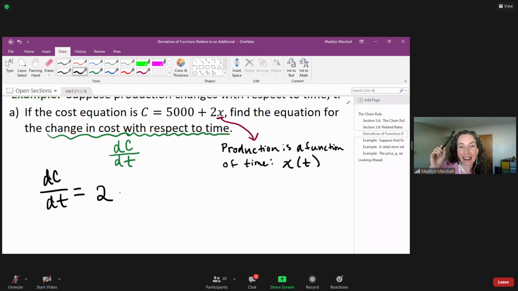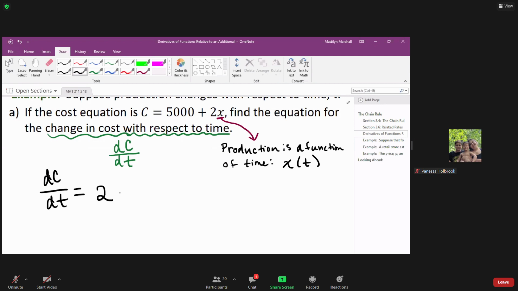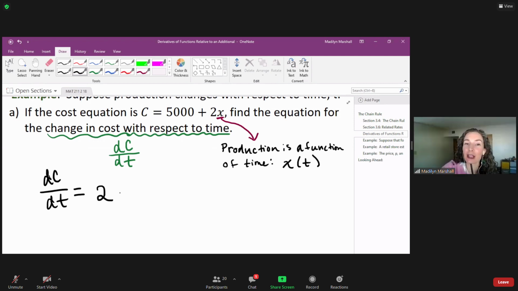But x itself is a function of time. So since we're doing the derivative of cost with respect to time, we have to multiply by the derivative of our interior function, which is x itself. So our exterior is 5,000 plus 2x.